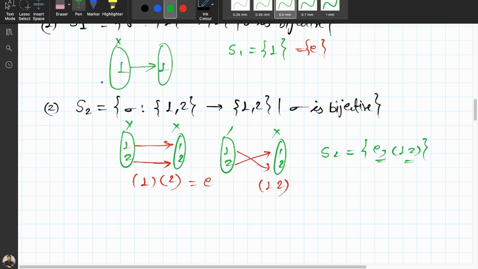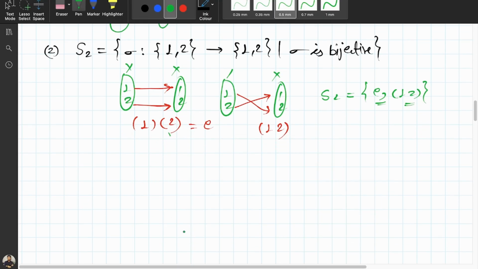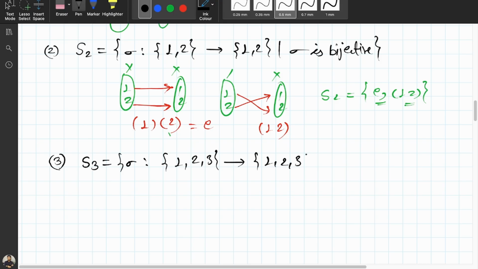Now if I want to write what is S3, I will just simply write S3. Sigma is a bijective mapping from {1, 2, 3} to {1, 2, 3}.